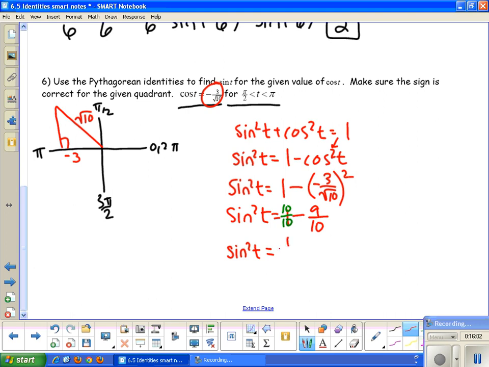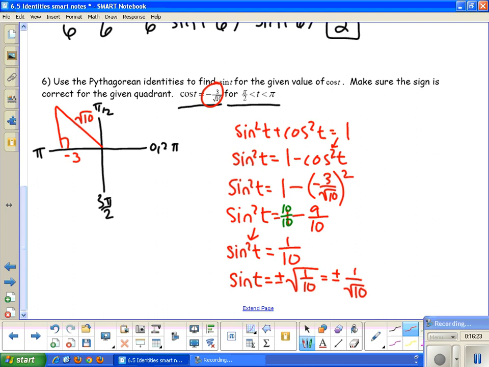So this gives me 1 over 10. Since this is sine squared, to get sine by itself, just like if it was x squared, you would take the square root of both sides and plus or minus your answer. So you get the sine of t is equal to plus or minus the square root of 1 over 10, which becomes plus or minus 1 over root 10.